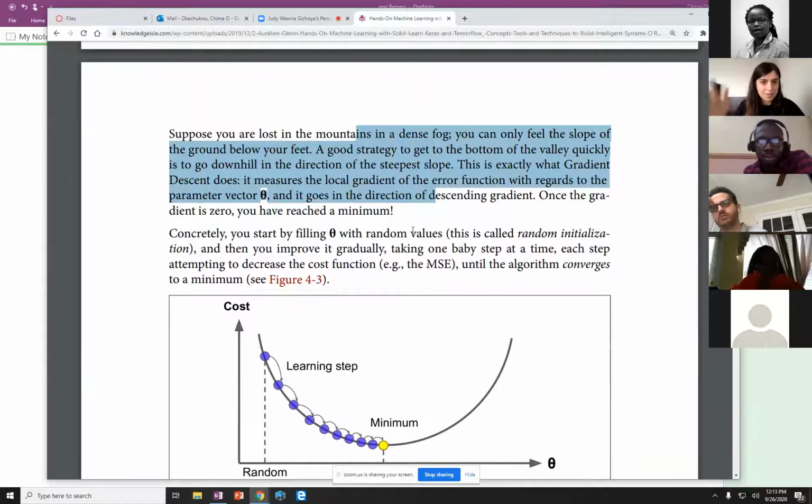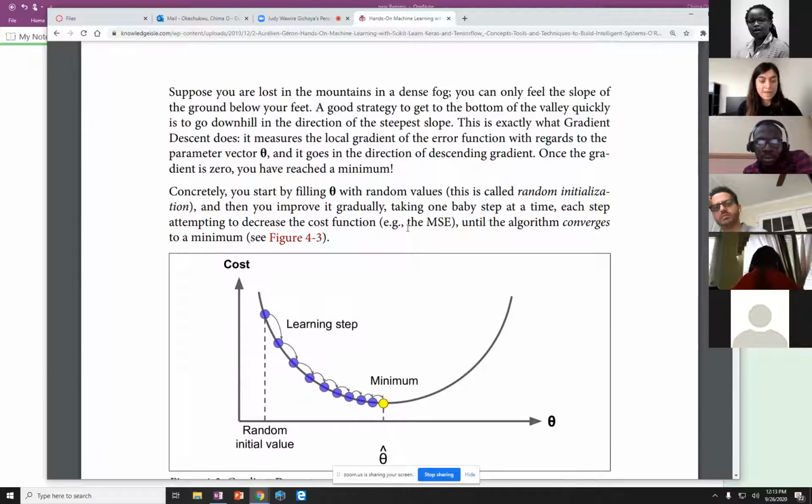All you have is the tip of your toes, sensing around to see what the best next step would be. If your goal is to get to the bottom of the mountain, you would choose the steeper way downhill. If you wanted to go back up, which is not our goal here, you would choose the other way.